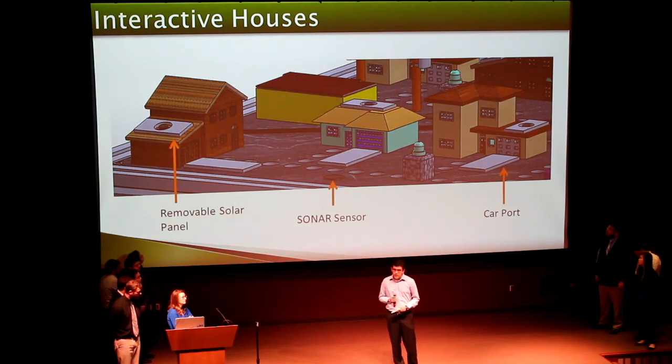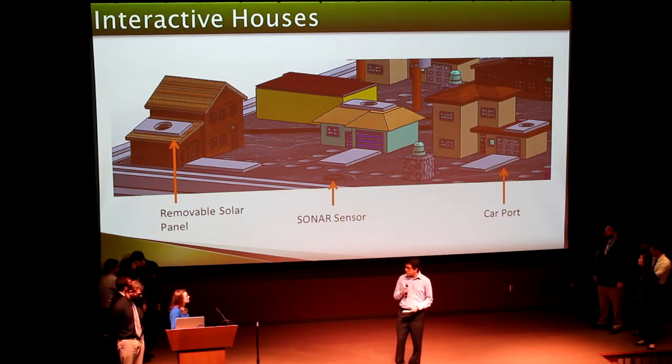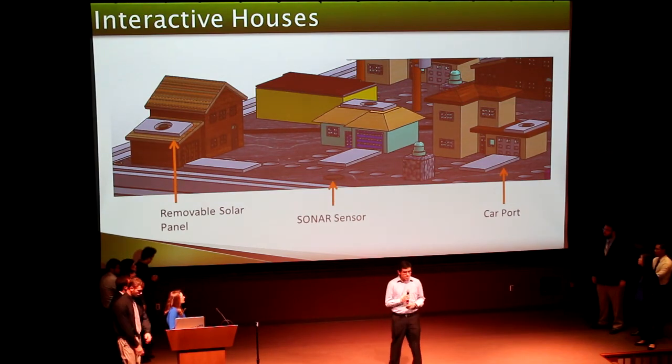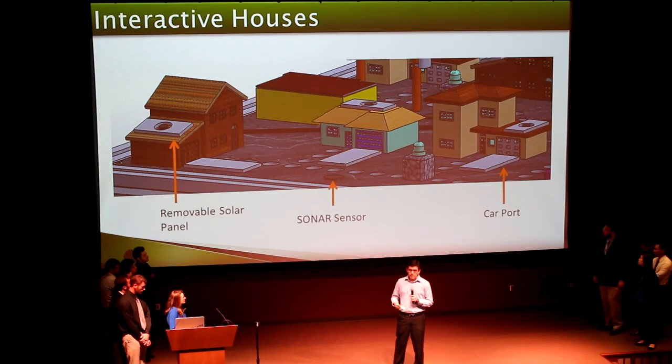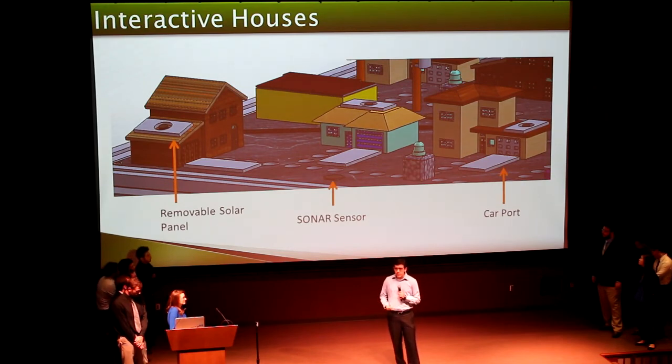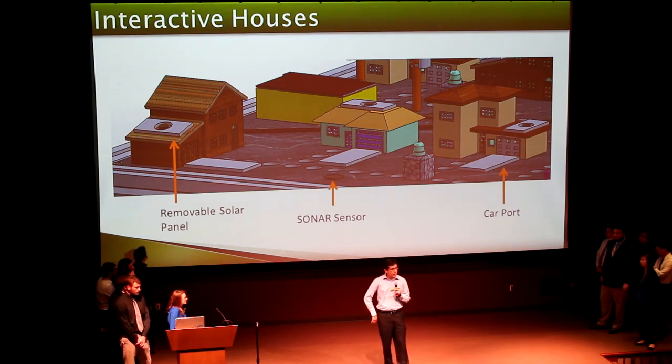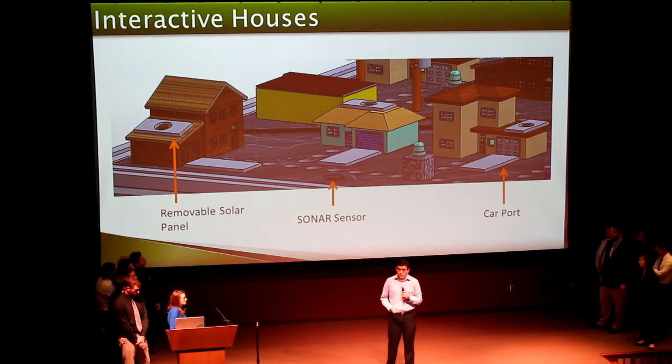As you can see, users can add solar panels, electric cars, and when solar panels are added to the houses, users can modify the level of generation of the solar panels. So if a user places a hand over the houses, it will simulate cloudy conditions and generation will go down.